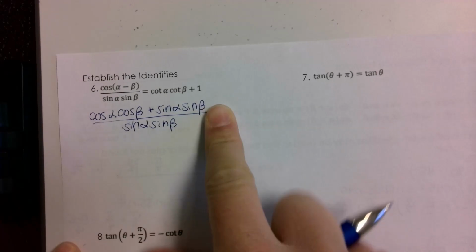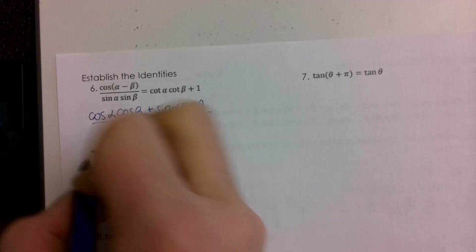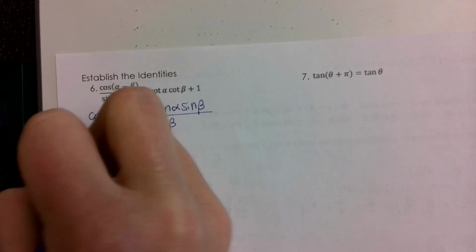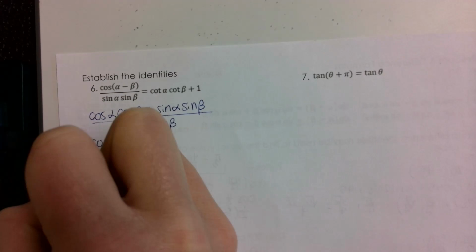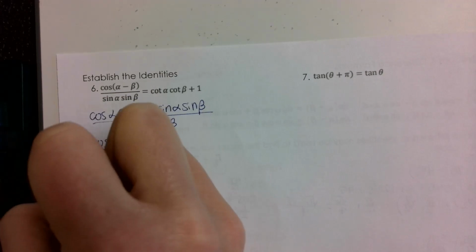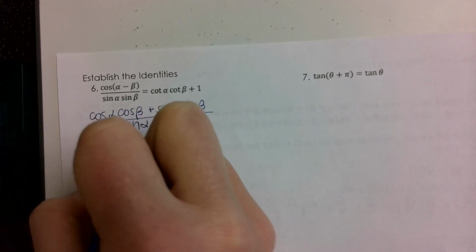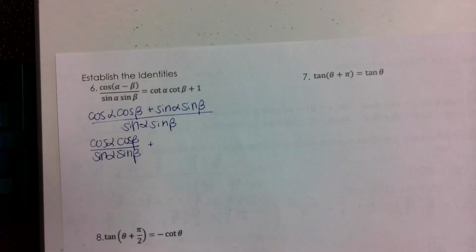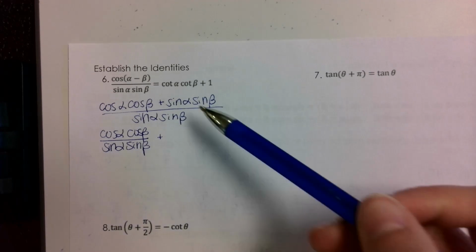So that's going to give you cosine alpha, cosine beta over sine alpha, sine beta, plus sine alpha, sine beta over sine alpha, sine beta.